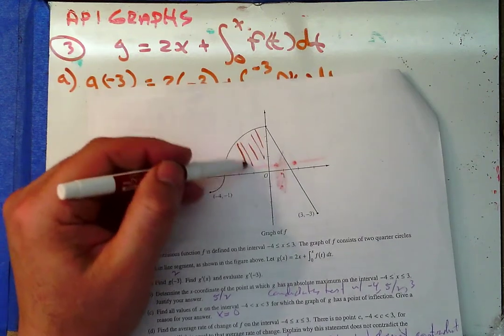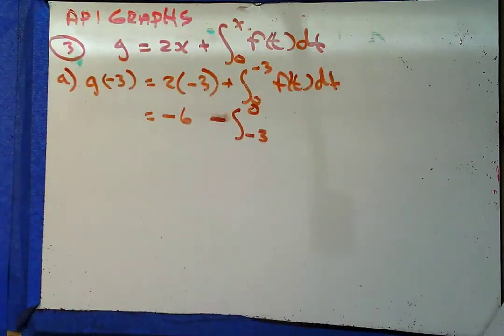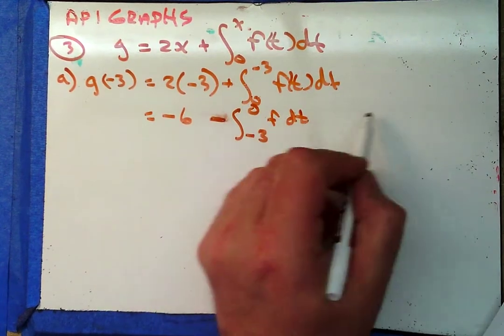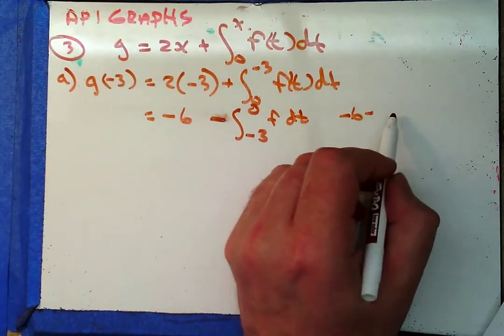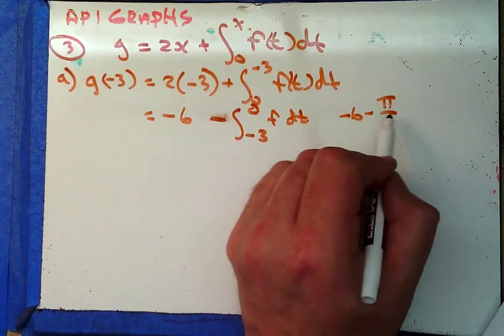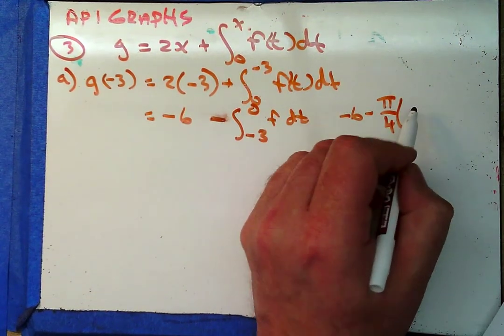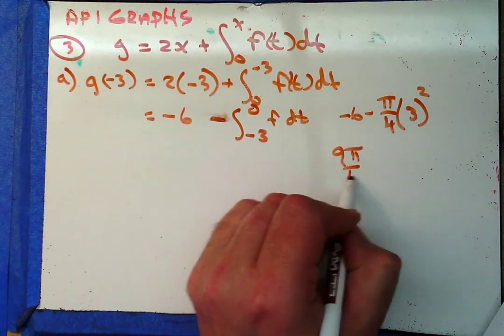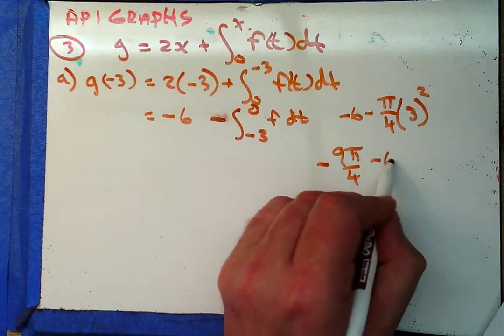So from negative 3 to 0, I see a quarter of a circle. The circle's radius is 3. So negative 6 minus pi divided by 4 times the radius squared, and the radius is 3. So I got 9 pi over 4 minus 6.